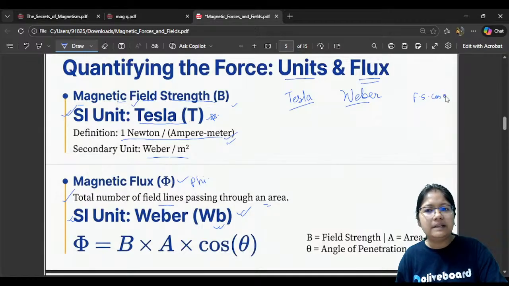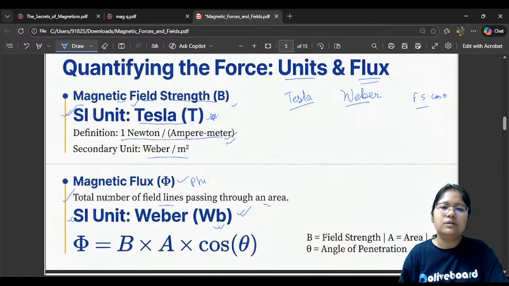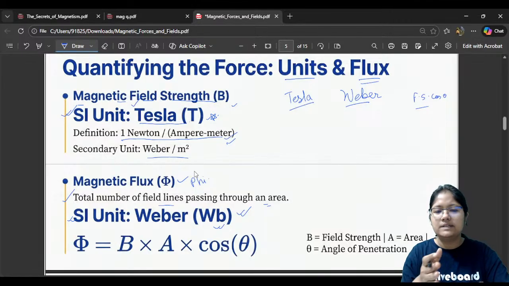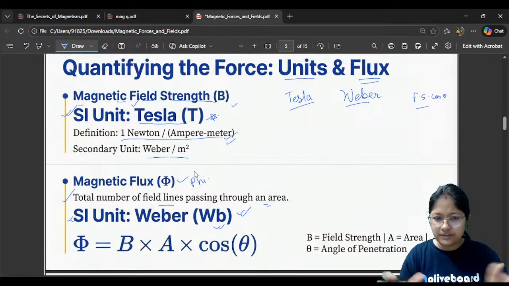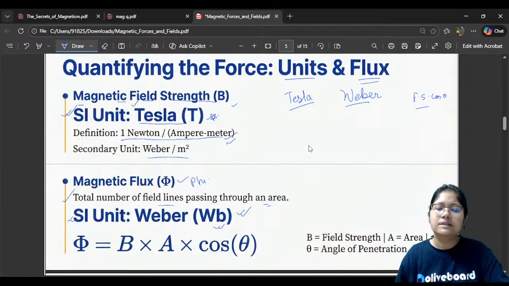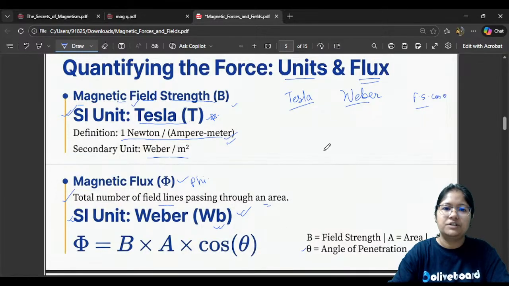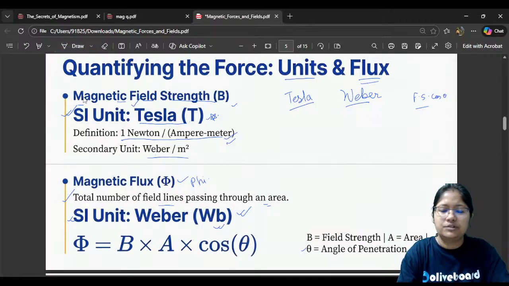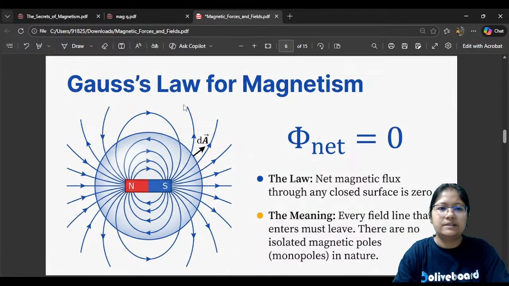On similar lines, for magnetic flux you take the value of the magnetic field, the area upon which it is being applied, and cos theta. Here theta is the angle of penetration. Now, they are asking you the units most of the times. The rest of it is not seen in your exams that much.